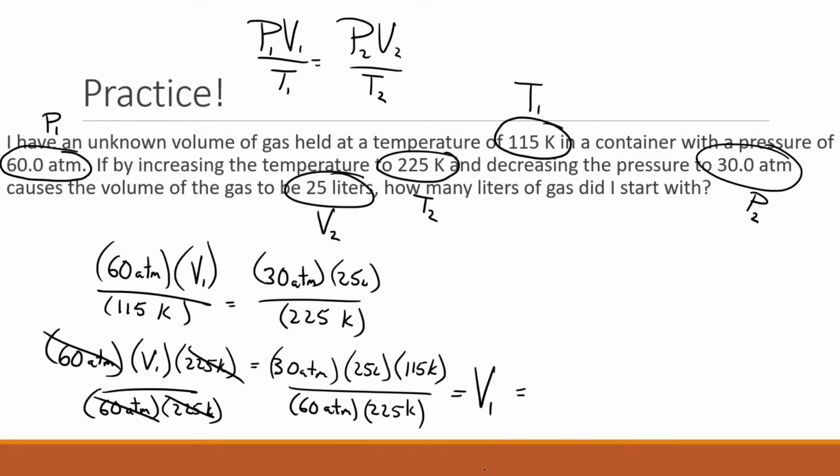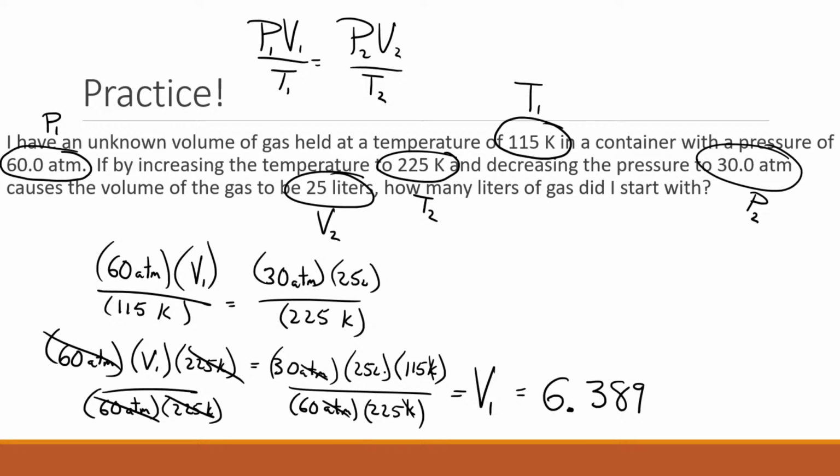And when that fraction gets solved out, we get 6.389. And when I want to know what unit to leave, I have to double check my units in my fraction here. Atmospheres are both on top and bottom, so they are going to cancel out. Kelvin are on both top and bottom, so they are going to cancel out.